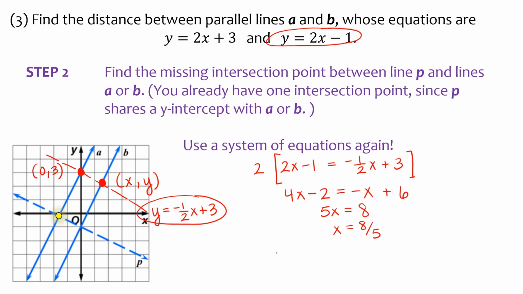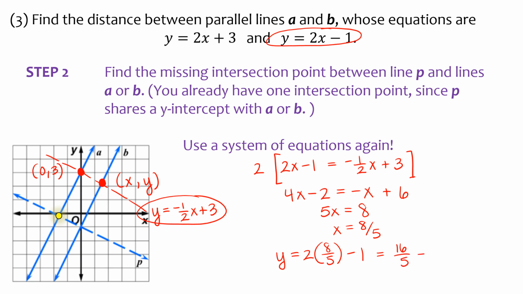I'm going to go with the equation for B. So y equals 2 times 8/5 minus 1. Let's simplify this, and it looks like this is also going to be a fraction, right? 2 times 8/5 is 16/5.